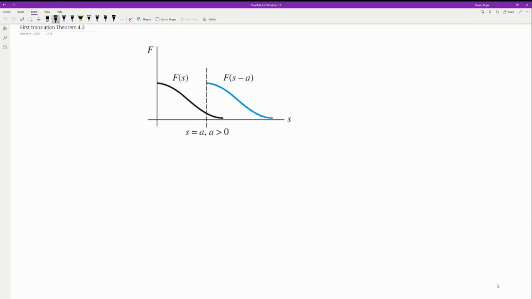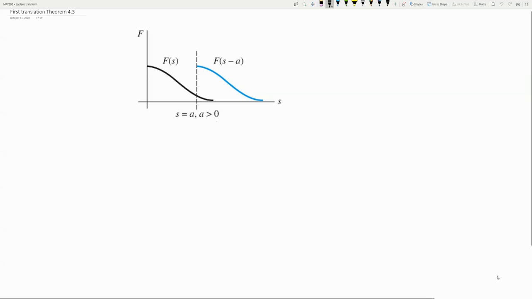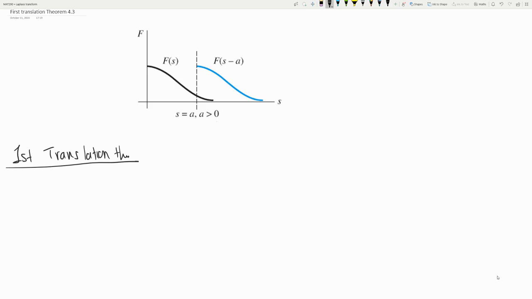Okay, hi everyone. So now we will talk about the first translation theorem. This is the following.